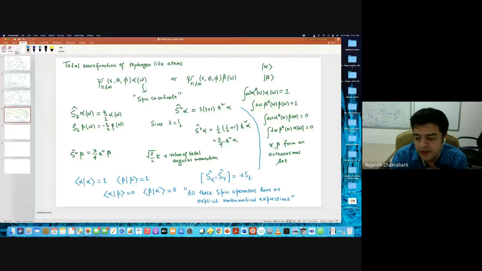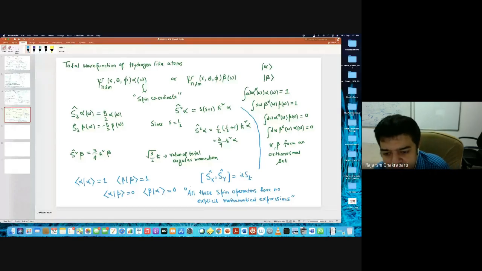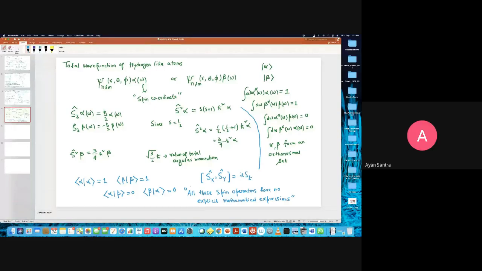Lz, L square, you can write in terms of r theta phi, isn't it? You remember Lz is minus i h cross del by del phi. But there is no such representation of Sz or S square or any operator associated with spin. Is this clear? Sir, is this because the coordinate system is not defined so well?